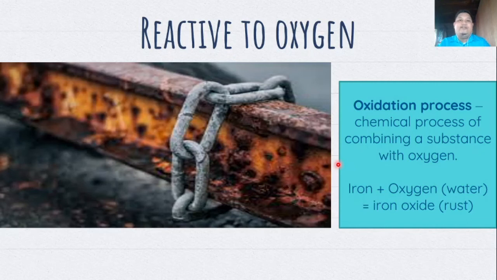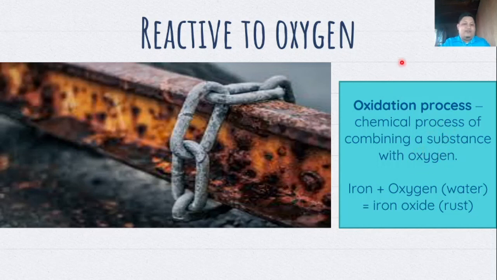So let us start with reactive to oxygen. I'm sure that all of us are aware that whenever we expose a metal or iron to water, there will be rust. The process behind that is what we call the oxidation process. It is a chemical process of combining a substance with oxygen.